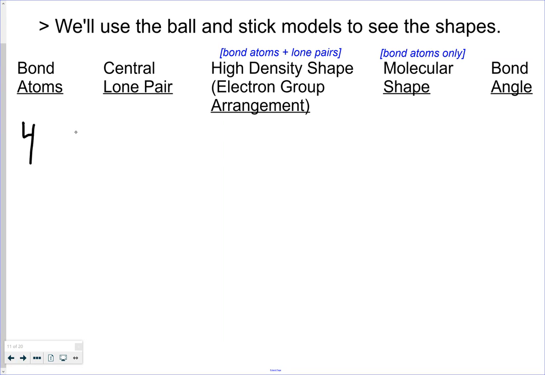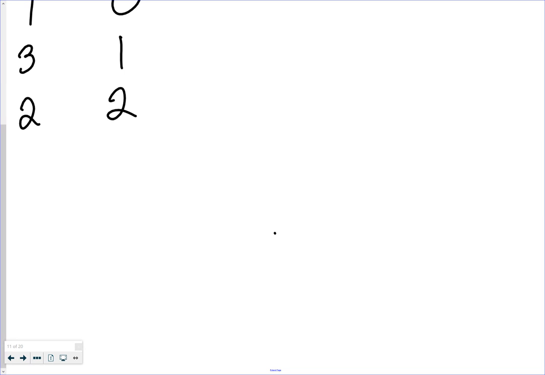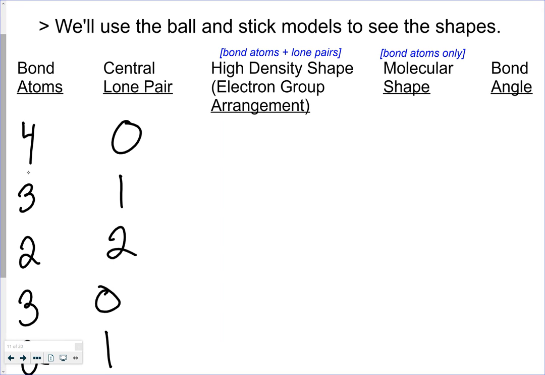You can have 4 and 0. You can have 3 and 1. You can also have 2 and 2. You can have 3 and 0, 2 and 1, and 2 and 0. So these are our different combinations.